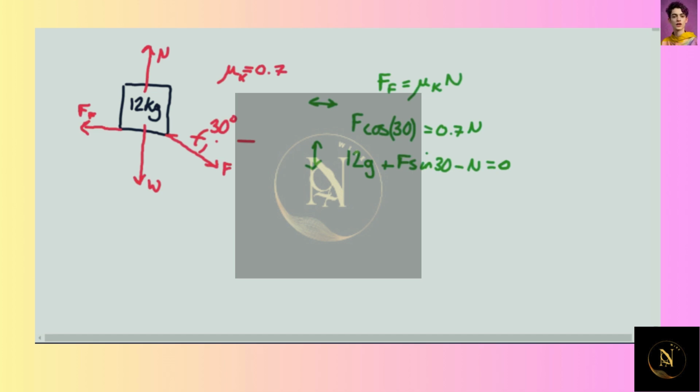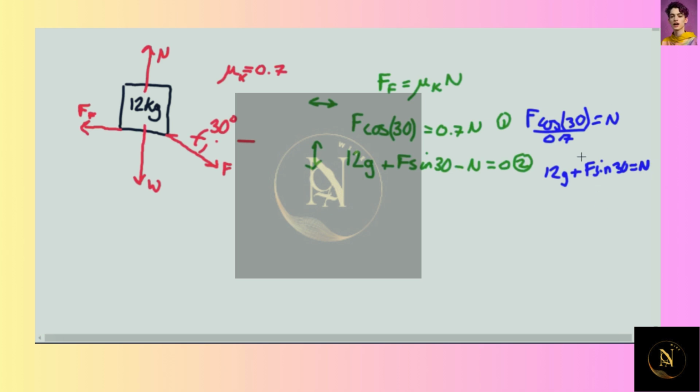What we can do here is pretty simply to rearrange both of these equations, 1 and 2, to be in terms of N. That is, very quickly, we say that F cosine 30 over 0.7 is equal to N. And we can also say that 12g plus F sine 30 is equal to N. And what does this mean for us?